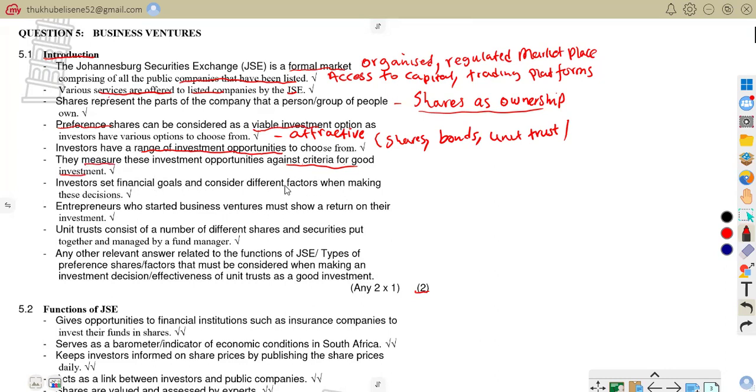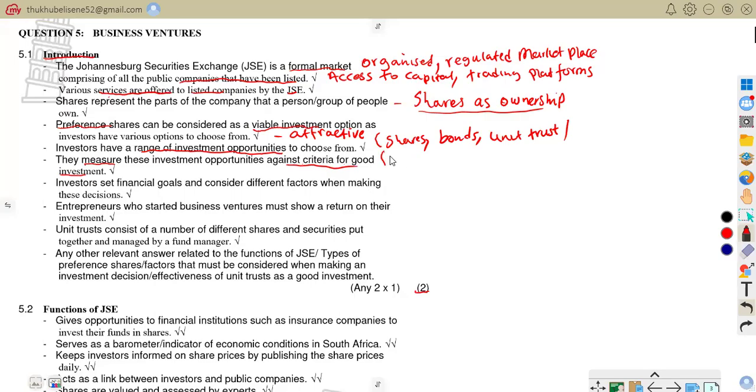So we're talking about measuring opportunities against the criteria. That is why we're saying that investments are assessed by return, risk, liquidity. So that's what it means.